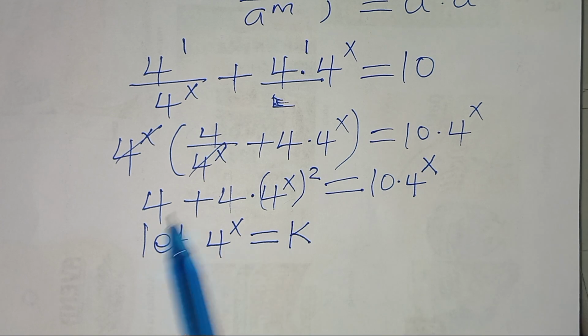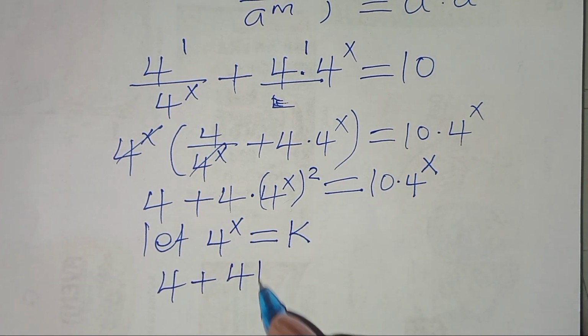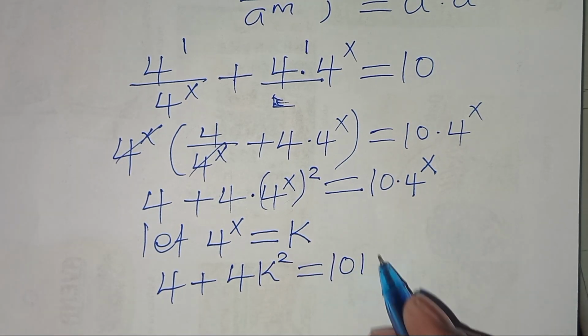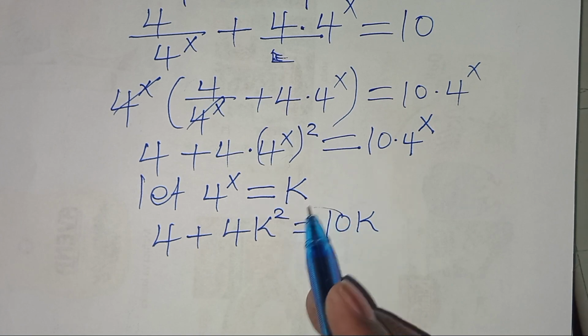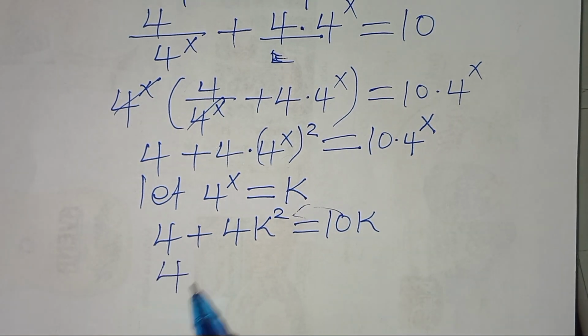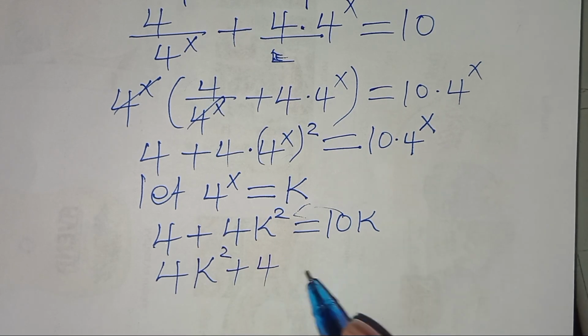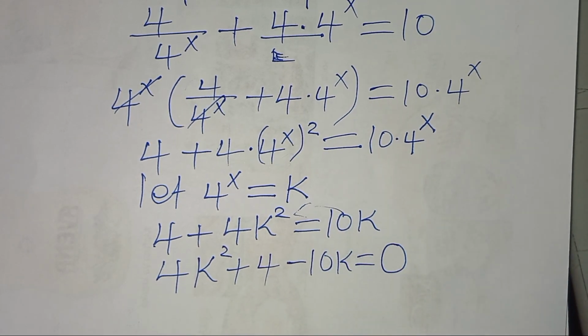Substituting the value of k here, we have 4 plus 4k squared equal to 10k. Now, let's take 10k to the left hand side, so that we have 4k squared plus 4 subtract 10k equal to 0.